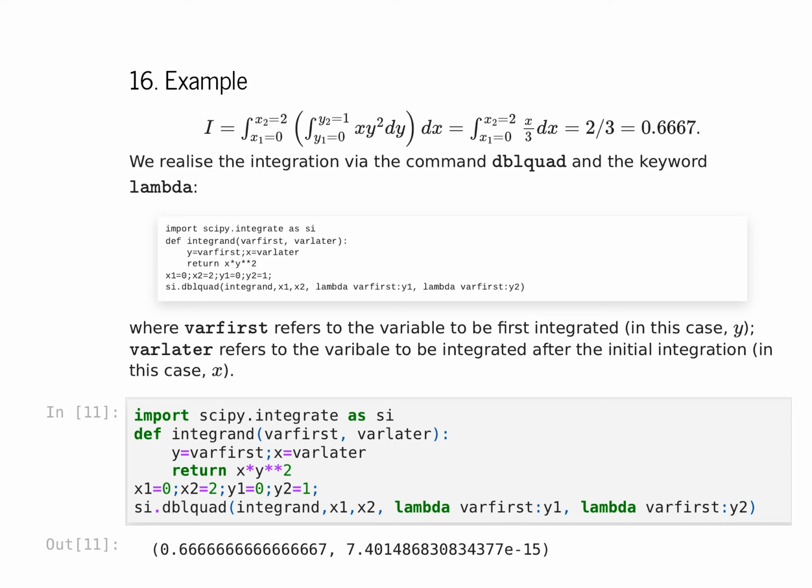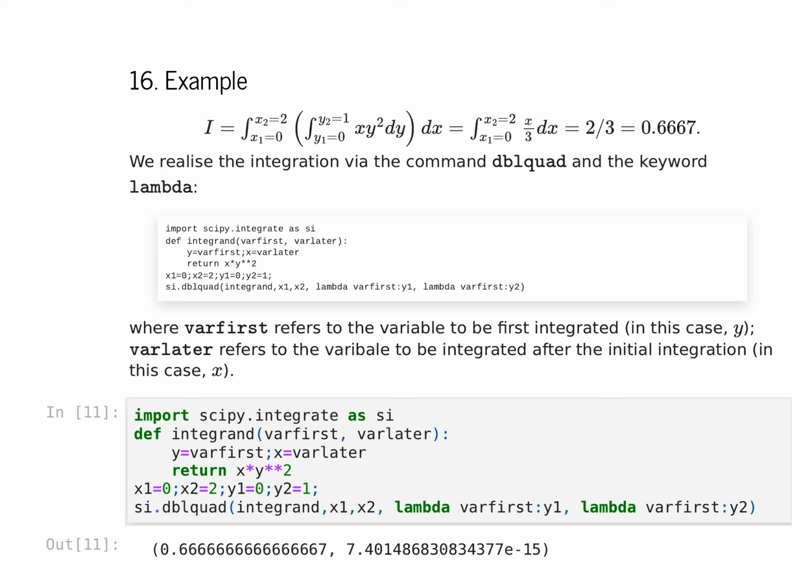To perform this using SciPy, we import scipy.integrate as c. We define an integrand function that accepts two arguments, var first and var later. For this order of integration, y first, then x, var first will represent y, and var later will represent x.